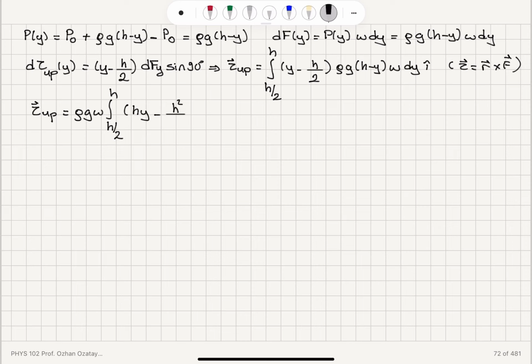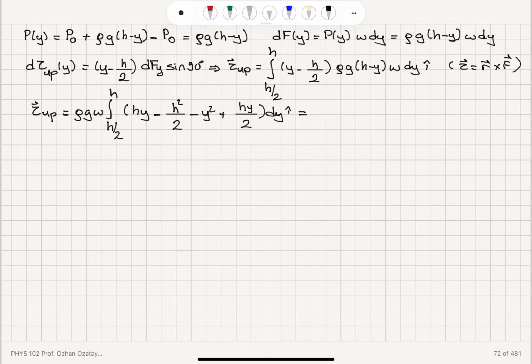The third term is minus y squared, so that's the product of these two, minus y squared. And then the fourth term will be equal to h times y over 2, so the product of these two, so that is plus hy over 2, dy in I hat direction.